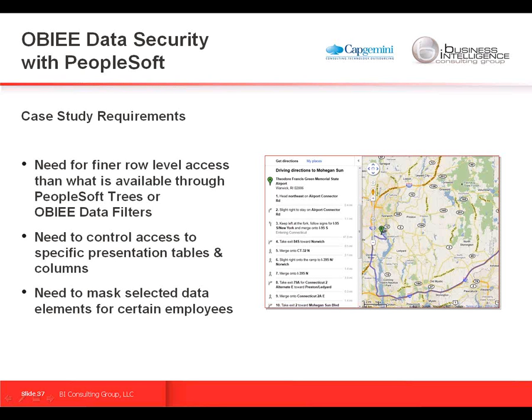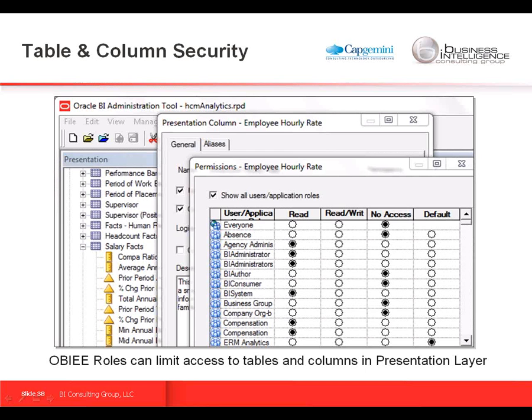So the column and table security is fairly simple in the presentation layer. You simply go in and identify tables and columns, and then within those tables and columns, you can allow access to those columns or tables or not allow access.